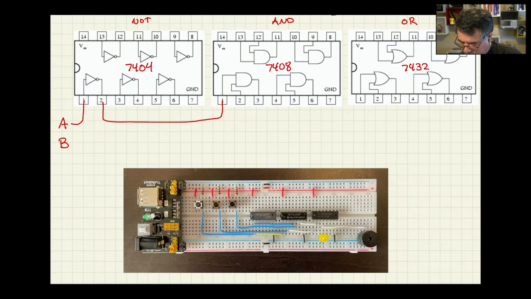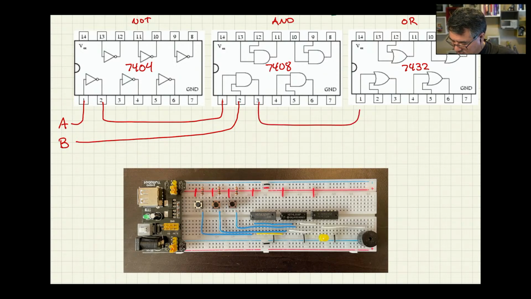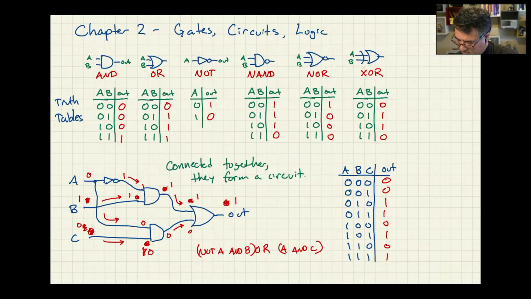Input B would go straight over to that same AND, and the output of that AND goes over here to the OR. So if I flip back to this screen here, I just did this, and this, and then this. Okay?